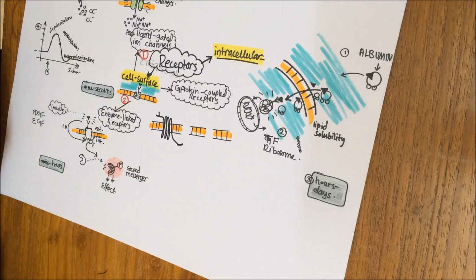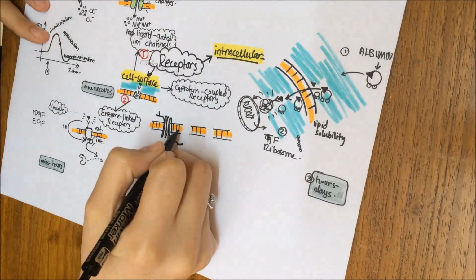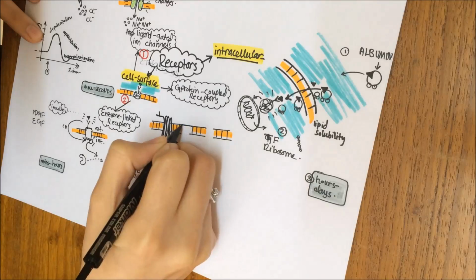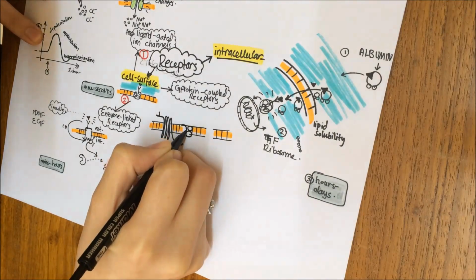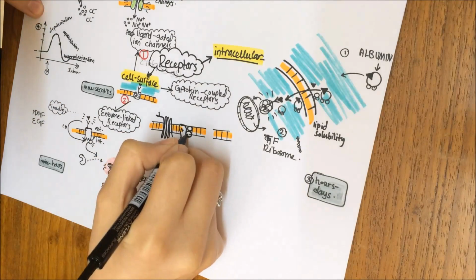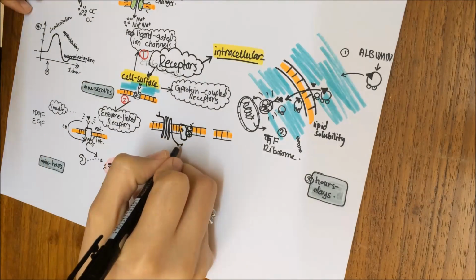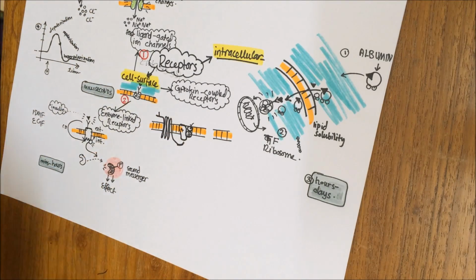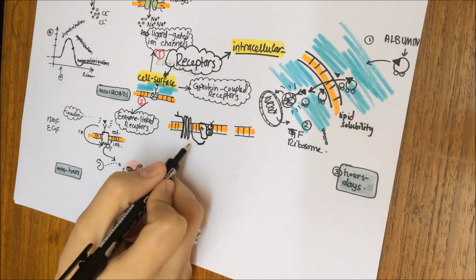The G protein has 3 subunits, and these 3 subunits are connected to each other. This is 1 and 2, and this is 3. They are called the alpha, the beta, and the gamma subunits. The alpha subunit is the one connected to and communicating with the G protein coupled receptor.